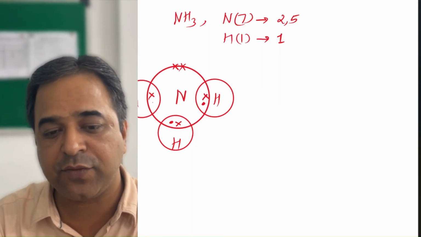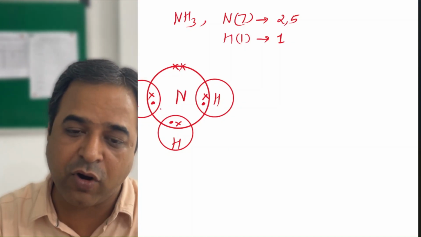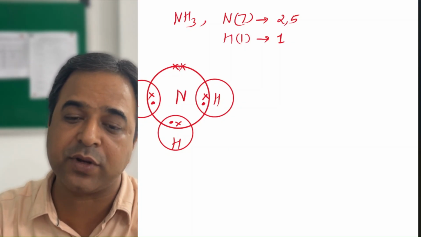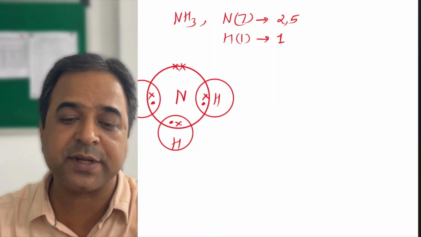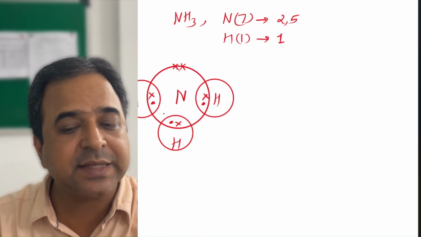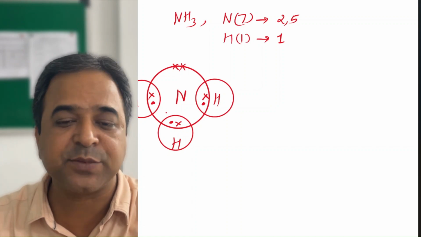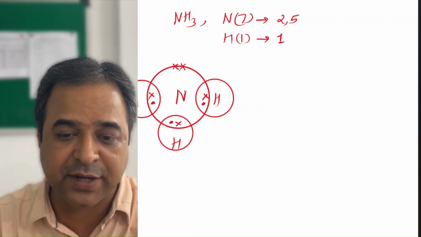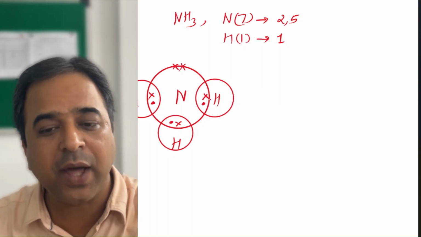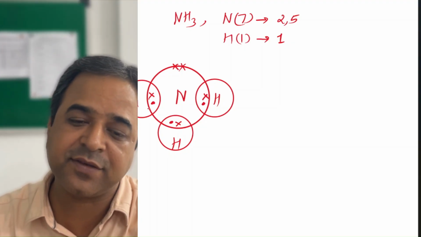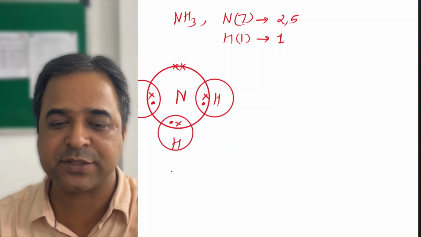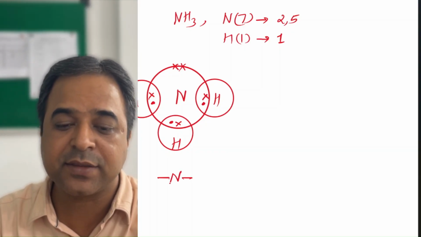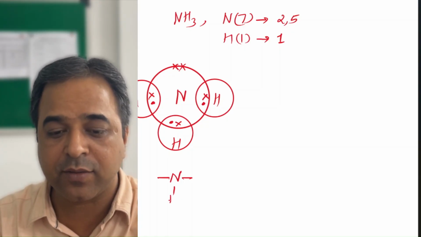So here, if you see, all 3 hydrogens have completed their duplet condition, and if you count 2 plus 2, 4 plus 2, 6 plus 2, 8, this ammonia has been formed by sharing of 3 electrons of nitrogen with 1 electron each of these 3 hydrogen atoms. So here nitrogen is making 3 covalent bonds.